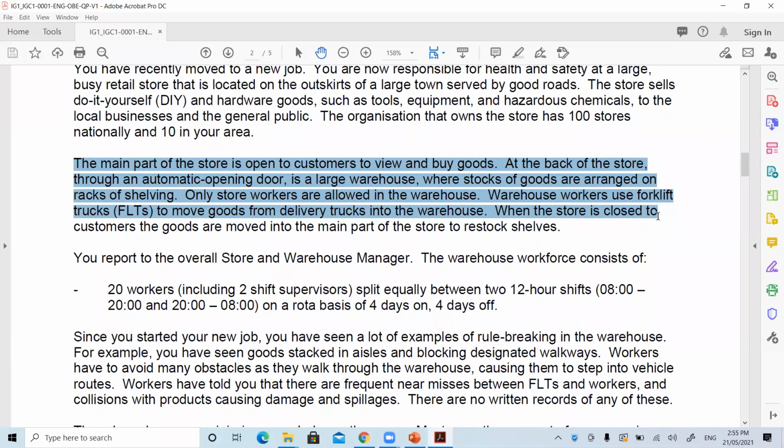When the store is closed to customers, the goods are moved into the main part of the store to restock the shelves. So basically there are two parts of this workplace. One is the open store where customers come and they look at stuff and they buy stuff. And one is the large warehouse where the material is stored.